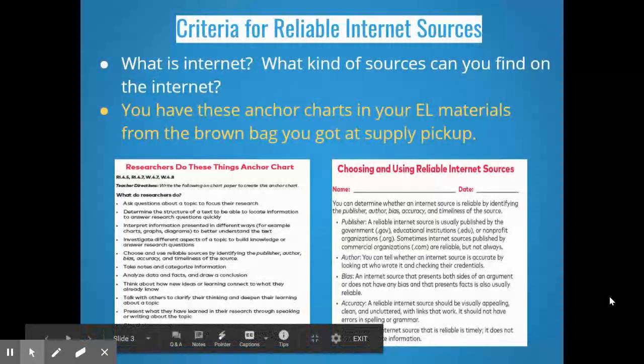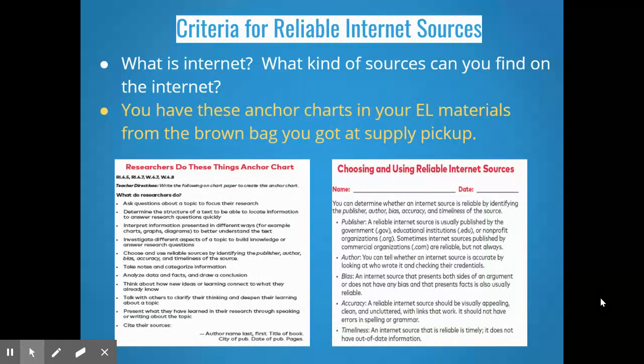So in your packet of materials that you got in your quarter 2 supply bag, you received these 2 anchor charts. Researchers do these things, anchor chart, and then the choosing and using reliable internet resources anchor chart. These are also in your module workbook.